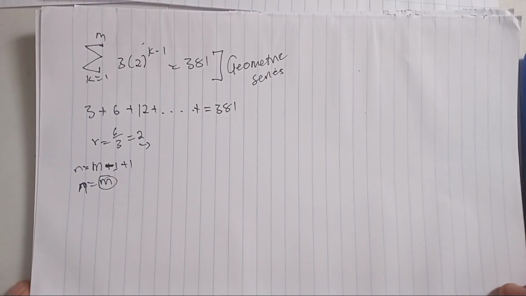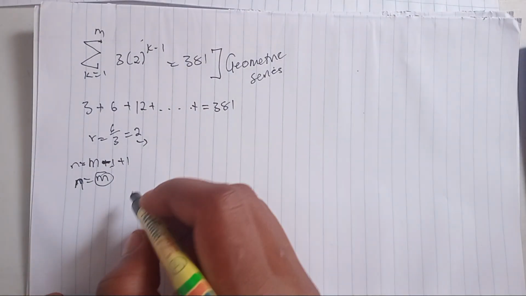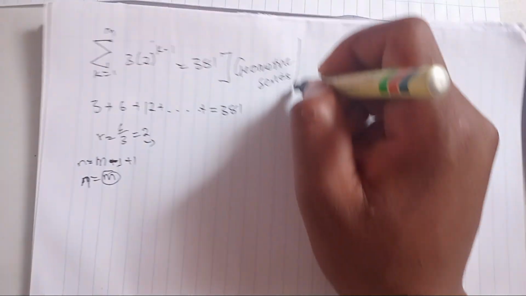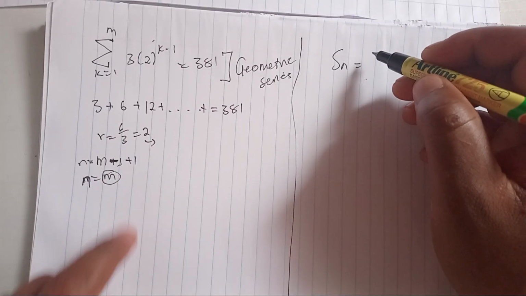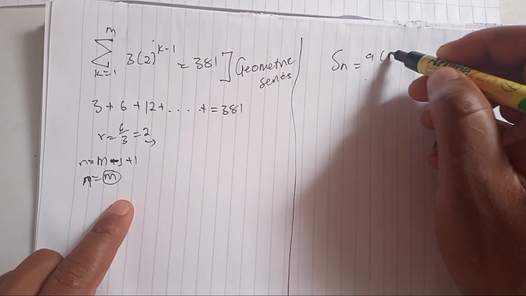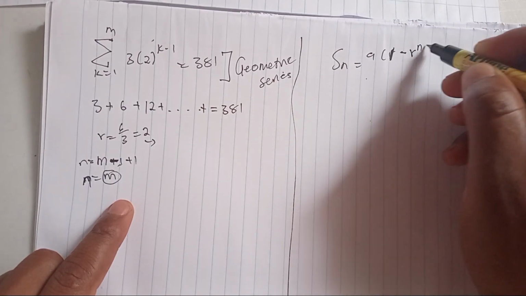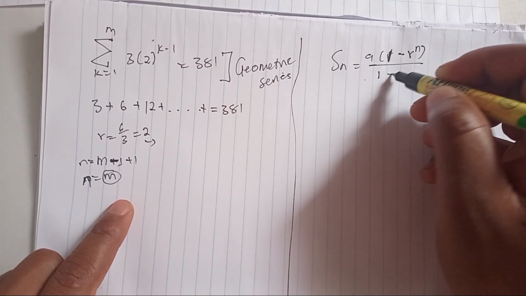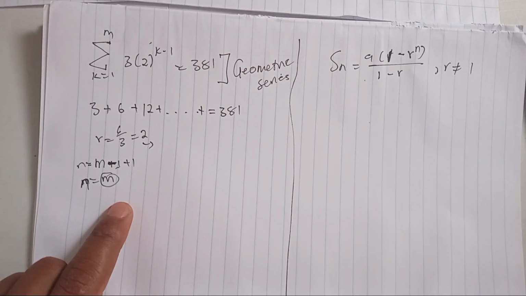Right. So now, what do we have, guys? It's a geometric series, same approach. We have Sn, which is equivalent to A into 1 minus R exponent N, divided by 1 minus R, whereby R should never be equivalent to 1.